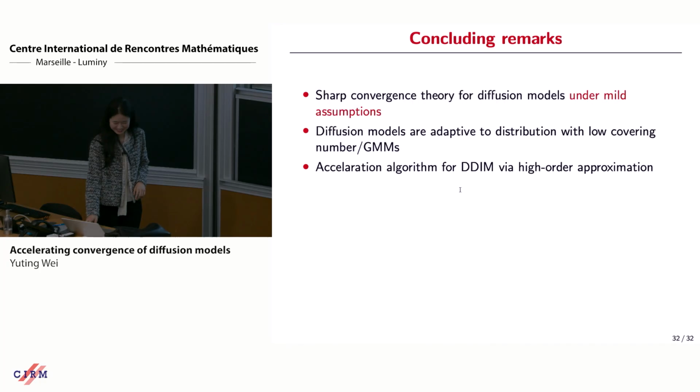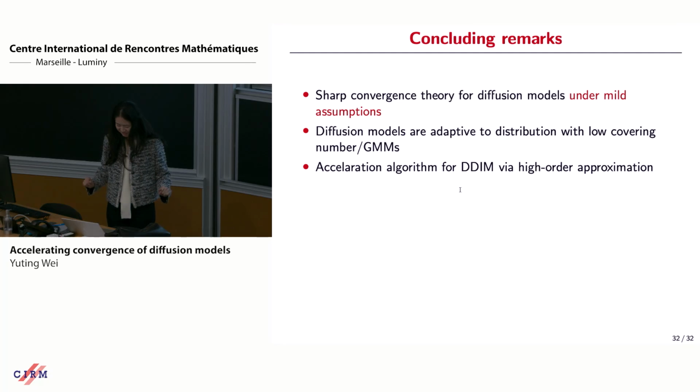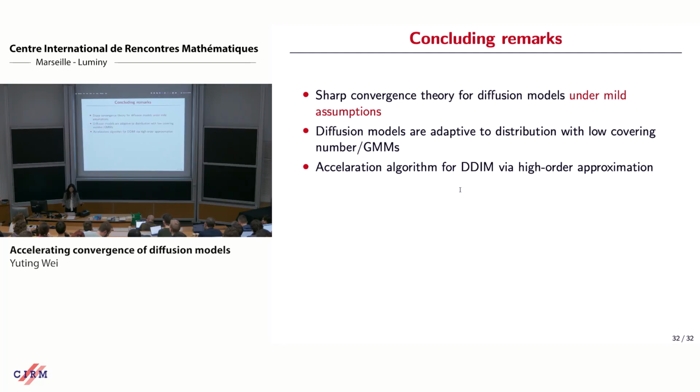We haven't concluded. Oh, well, I will conclude really fast. What I did is I described sharp convergence theory for the deterministic sampler. I also mentioned that diffusion models are automatically adaptive to distributions with low covering number or GMMs.